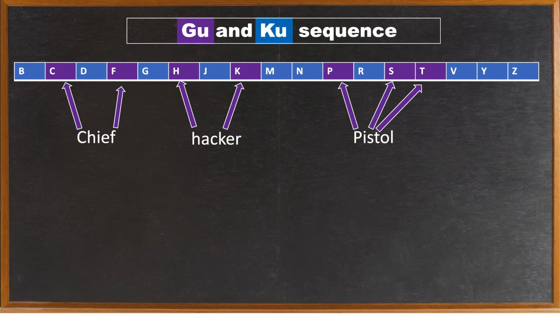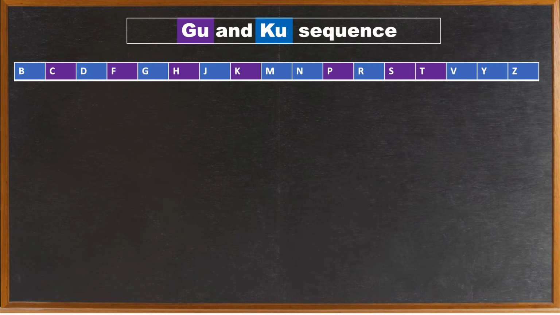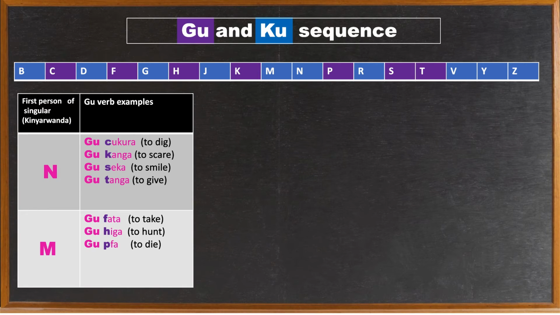Now let's look at some examples. We'll start giving examples related to gu verbs. As you can see, we've got guchukura, that means to dig. It's starting with C in chief, so it's a gu verb. And then we've got gukanga, that means to scare.